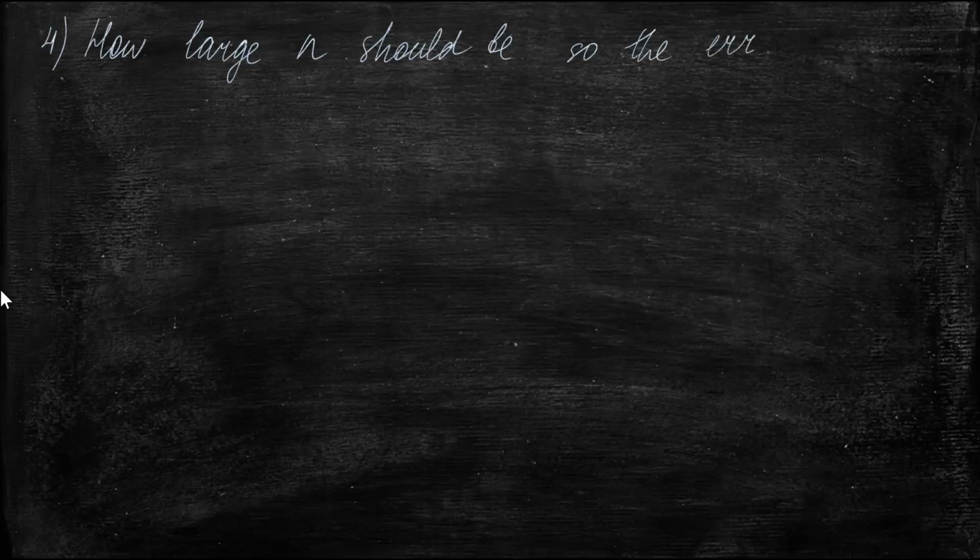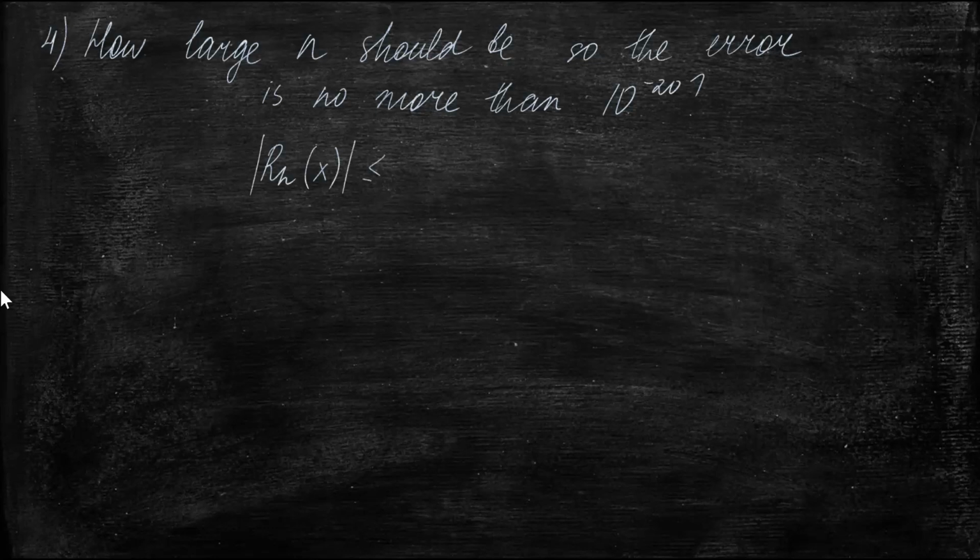So the error, that is the difference between the actual value and the output of the Maclaurin polynomial, is no more than, and let's go for the real accuracy here, we want to get the first 20 digits right. So how big a polynomial should we pick in order for us to achieve this accuracy? And answering that question means nothing but solving this inequality for n.